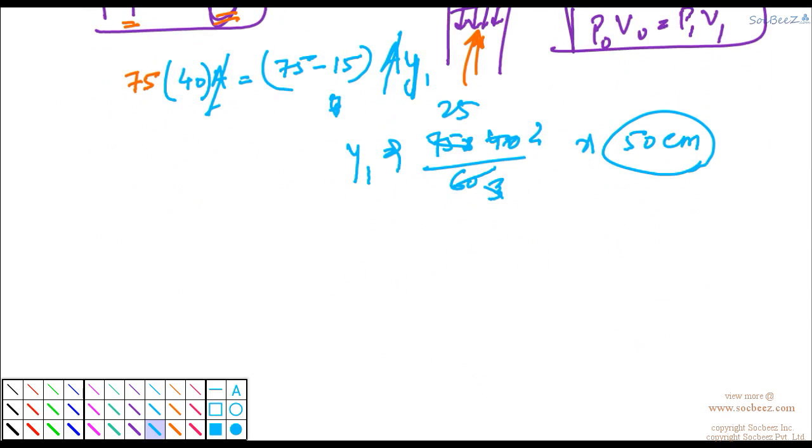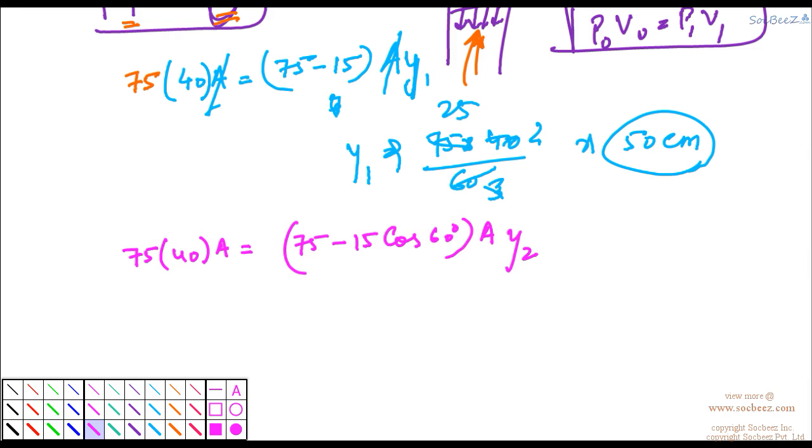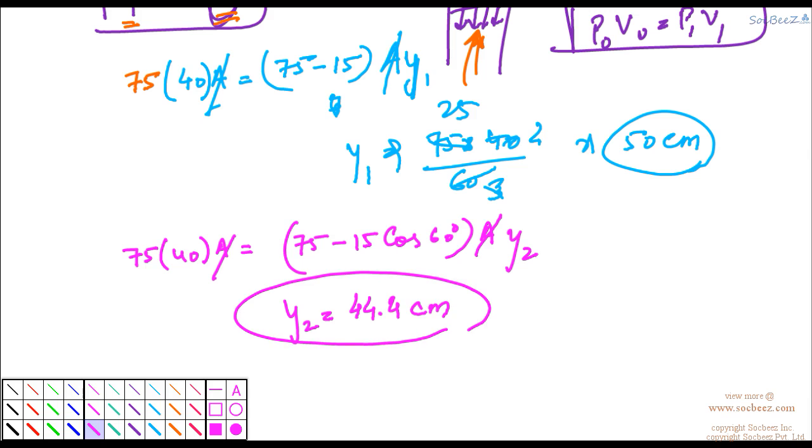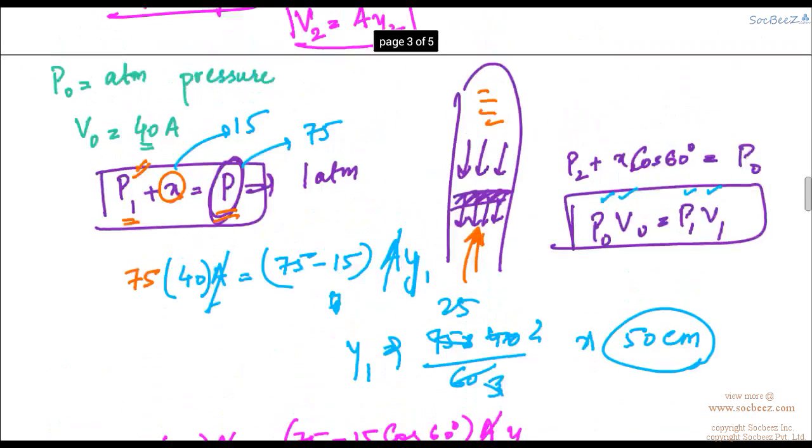So for the other case, the outside pressure is 75 into 40 into A, which is balanced by (75 minus 15 cos 60 degrees) into A into Y2. So A cancels out. What we get is Y2 equals 44.4 centimeters.